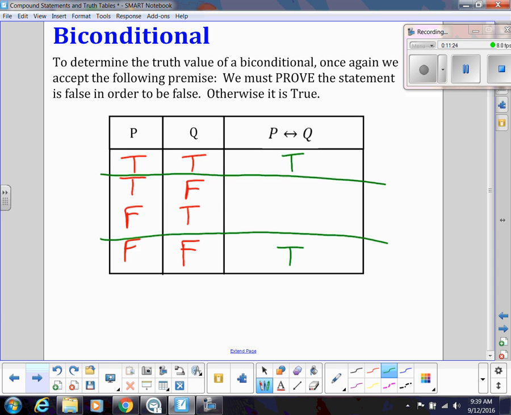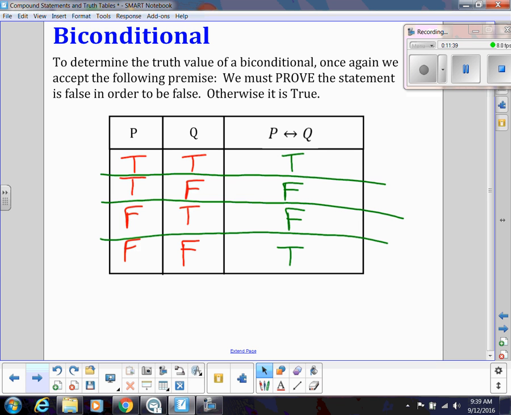False implies false and vice versa. True implies true and vice versa. It's in the middle here that if I switch them, if I go true then false and true, that's not the same thing. So that's why those middle two are false. And we can talk about more of that if you need to in class.